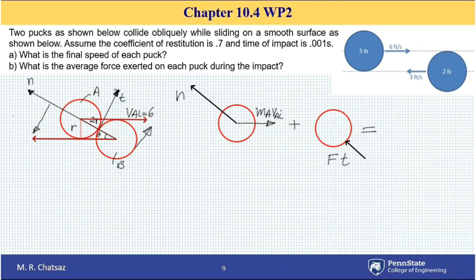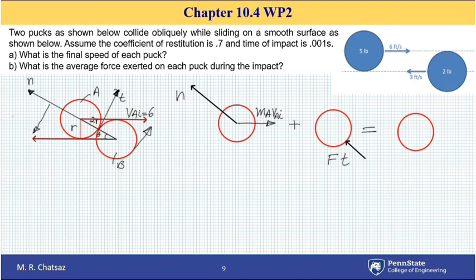So I draw another circle representing the ball and show M sub A, not mass times acceleration, but M sub A, the mass of A times its final velocity. But I will only show that in normal direction.